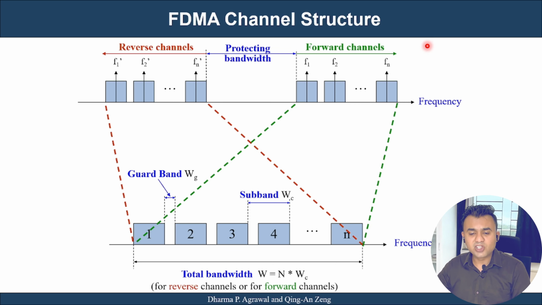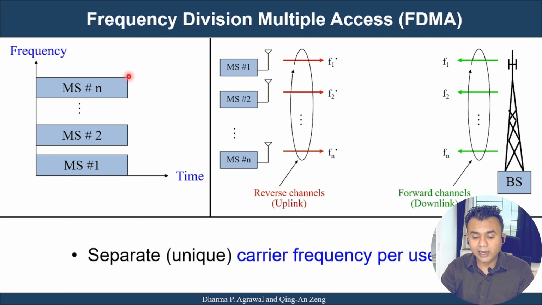If I look at the channel structure, here we can see this particular range of frequencies is allotted for reverse channels, which means from mobile station to base station, which is uplink.